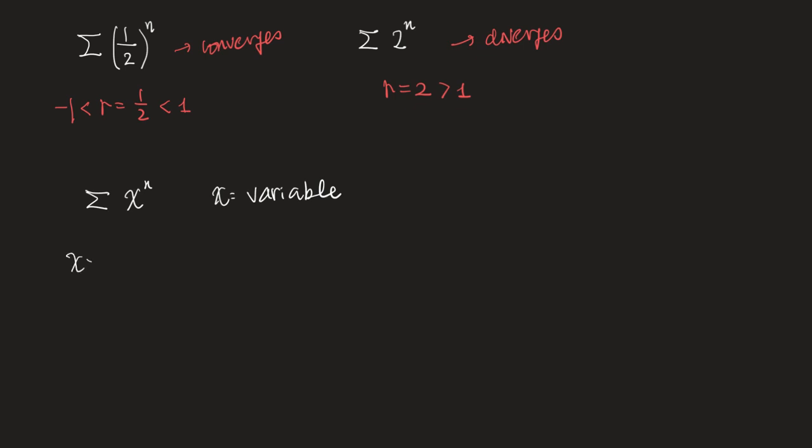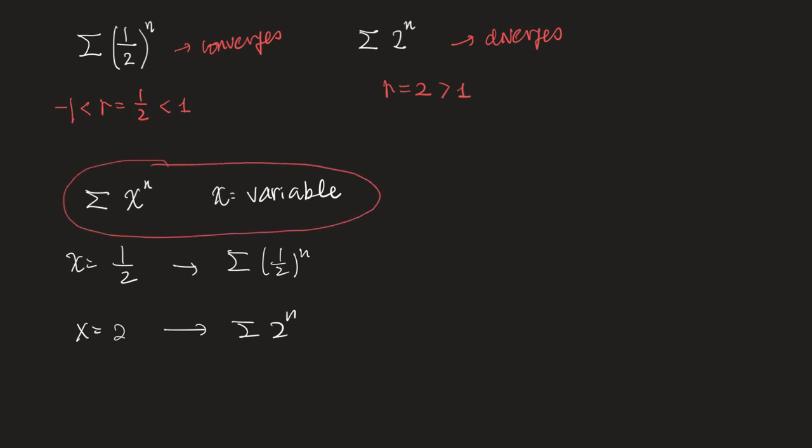For example, if you put x as 1/2, this series converges. If x is 2, this series diverges. A series with a variable is called a power series. Okay, so now you have some idea what we're going to do in this session.